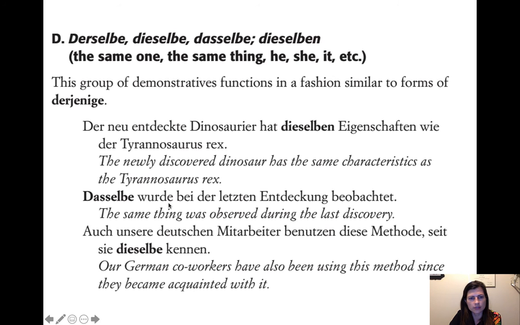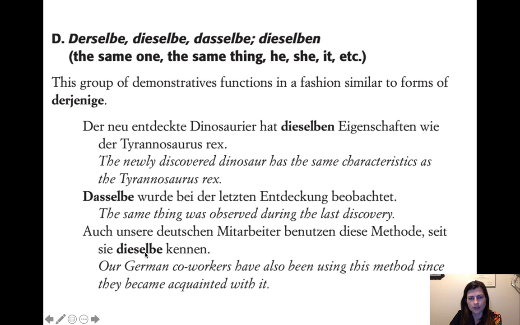There's a nice passive sentence right there in the simple past. Auch unsere deutschen Mitarbeiter benutzen diese Methode, seit sie dieselbe kennen. So our German coworkers have also been using this method since they became acquainted with it, since they've known it.